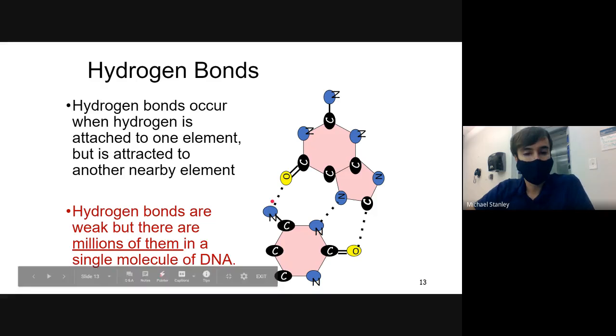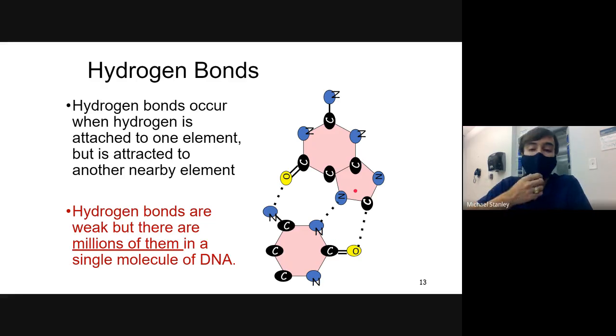Essentially, the hydrogens of one of our bases are attracted to the base on the other side. They don't fully go across, they don't fully get switched over from one to the other, but they form this kind of weak attraction between the two.